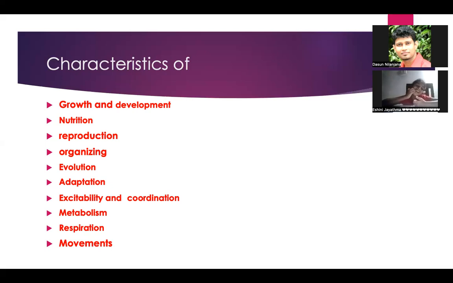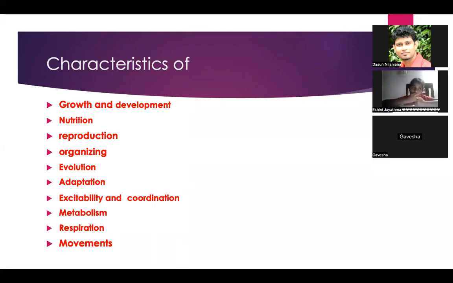Respiration and metabolism are also systems. For respiration, we have respiratory systems with our nose and lungs, and for metabolism, there is a system. There are organs adapted to that. And the movement or locomotion, these are the characteristics. We will discuss each one by one in the next few lessons.